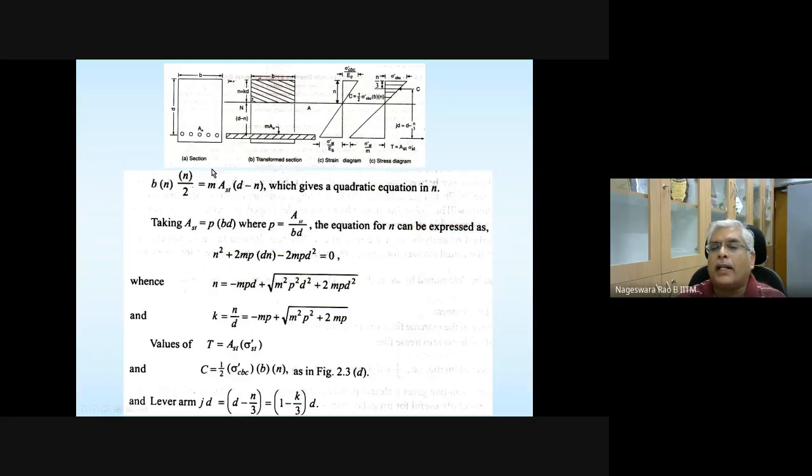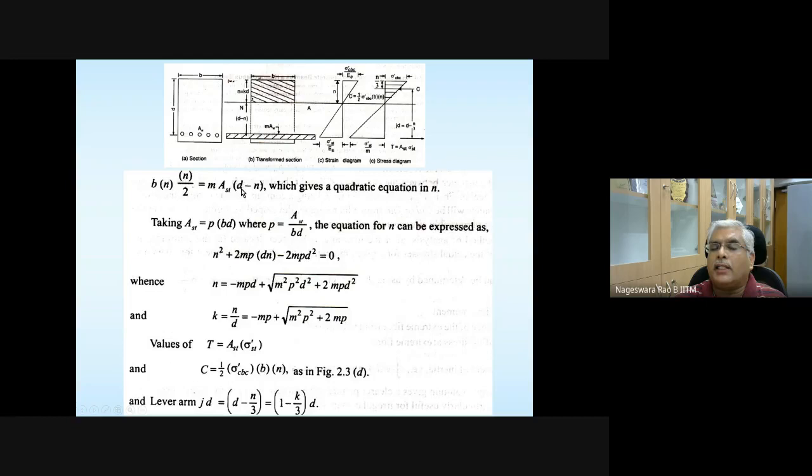So you get a quadratic equation. Here you can see b is the width of the section, you know that. 2 is a numerical value. m is the modular ratio, which depends on the grade of concrete. You can easily get the m value using the relation 280 divided by 3 times sigma cbc. And Ast is given to you, so you know the area of steel.